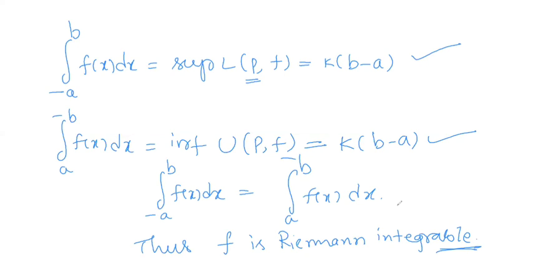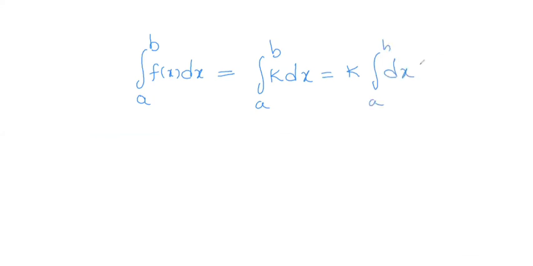And also here you have to observe one more point. If I consider the standard, classical integration, integral of f of x dx from a to b, what is it? f of x is taken as constant. So from a to b, it is k into integral dx from a to b. So integral of dx is x with limits a to b. So it is k into b minus a.